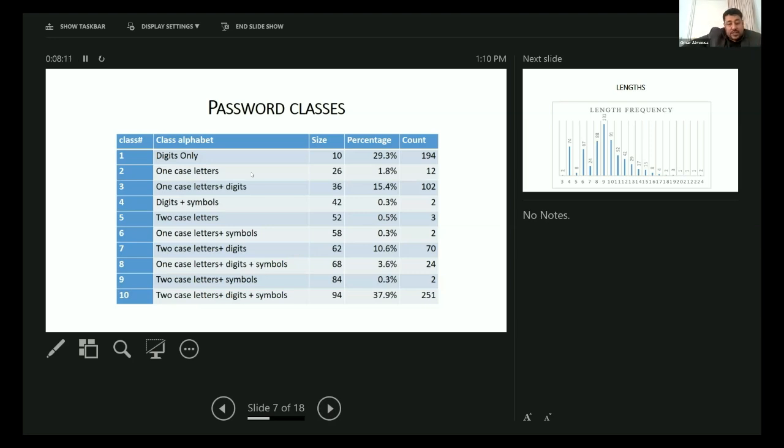And the most wanted one, the last class, is two-case letters plus digits plus symbols. Any one of those had an alphabet size of 94, which is basically 32 plus 10 plus 52.